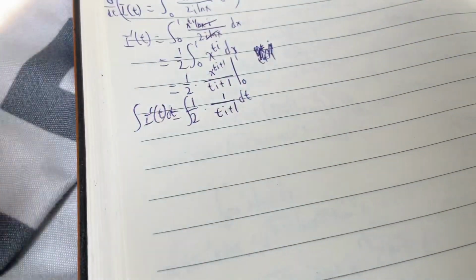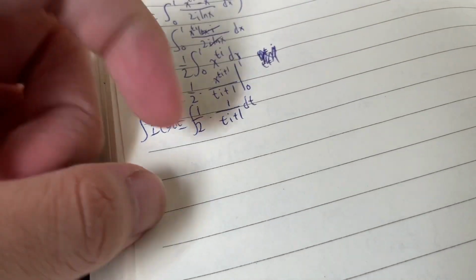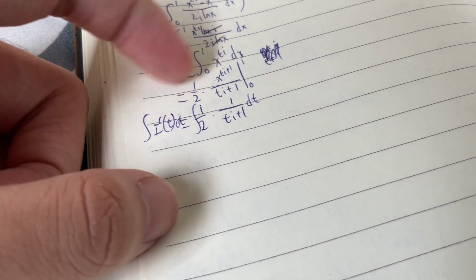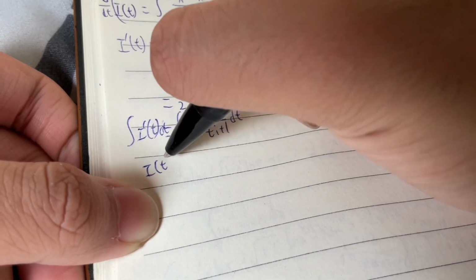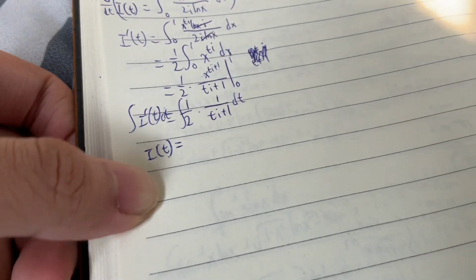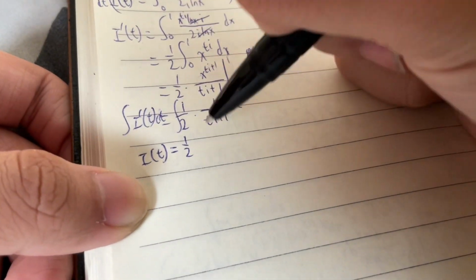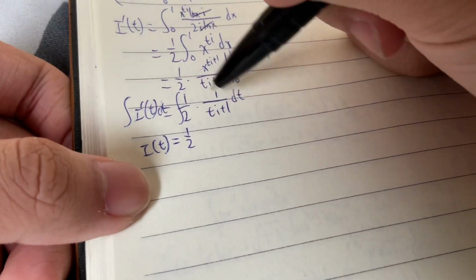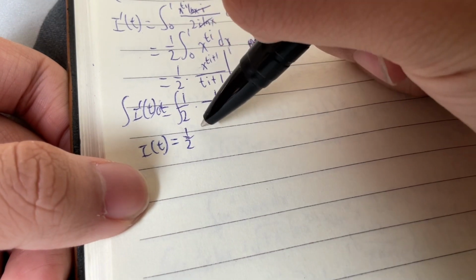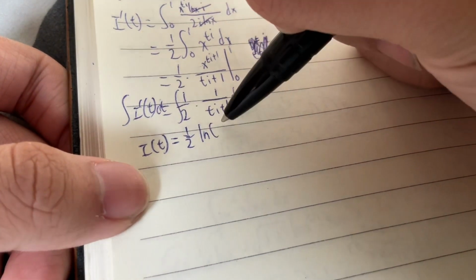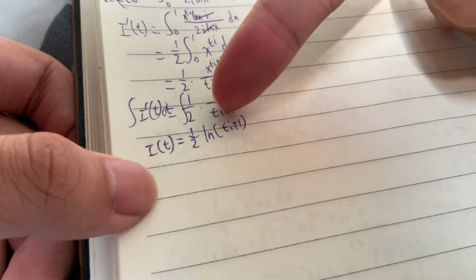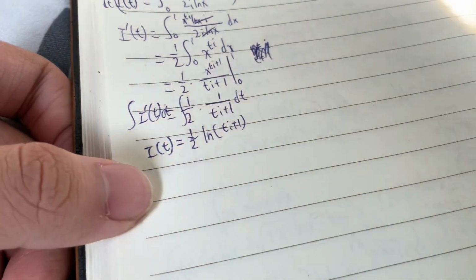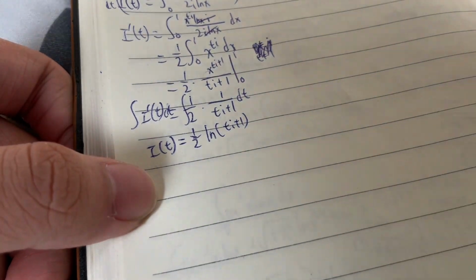And here we're going to do the integral with respect to t on both sides. Then I of t, the original, is equal to 1/2, a constant, leave that, and then integrate it. You get L1 of ti plus 1, because ti is in the complex numbers, just don't ignore the absolute value here.